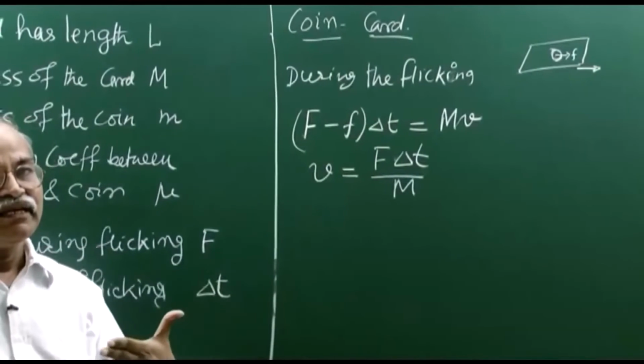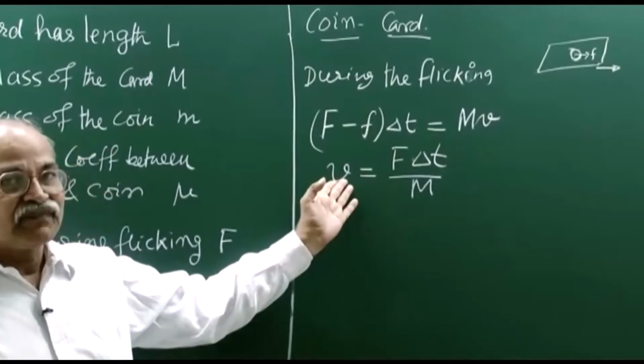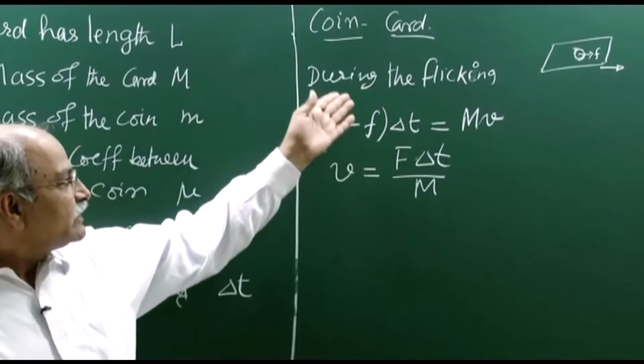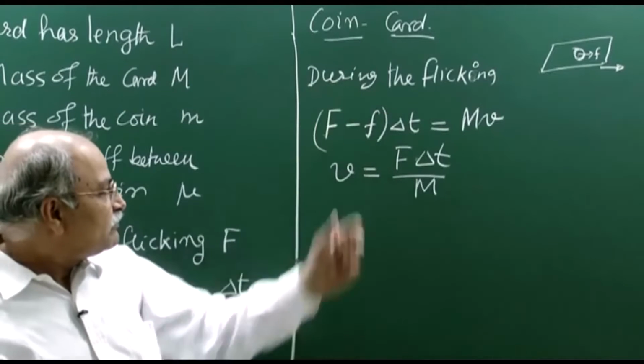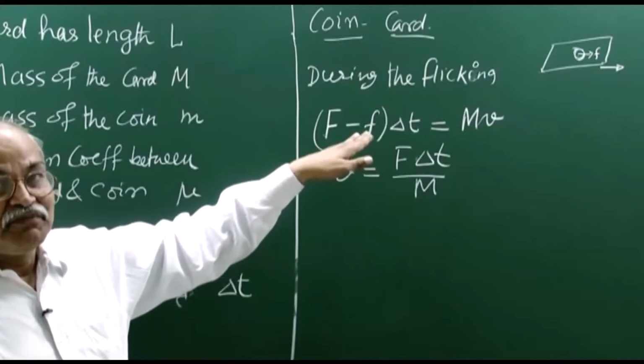So, you can think that the card has started moving with velocity v, and in that small time delta t the coin will not gain much velocity, but after that this friction will be effective.